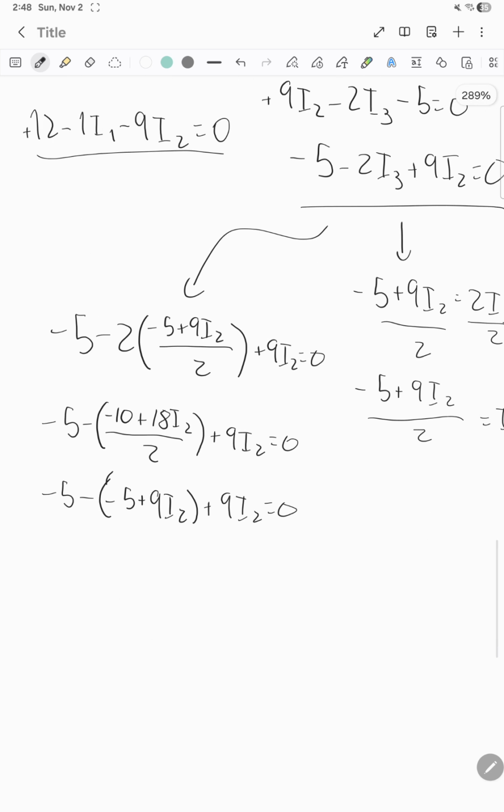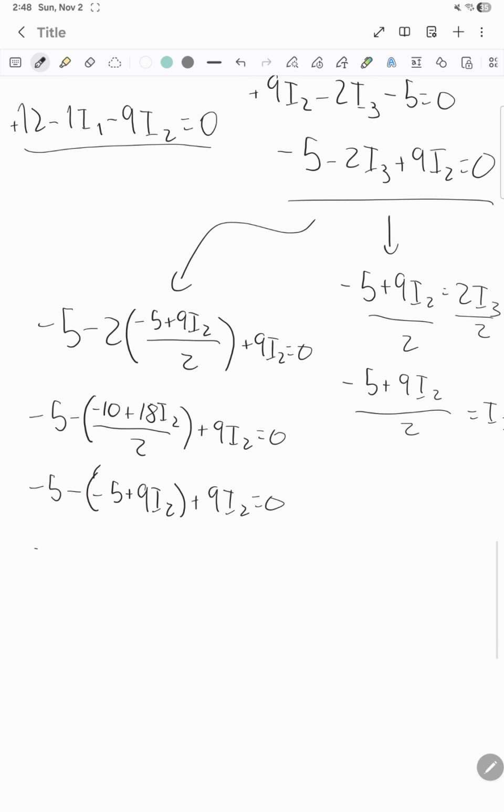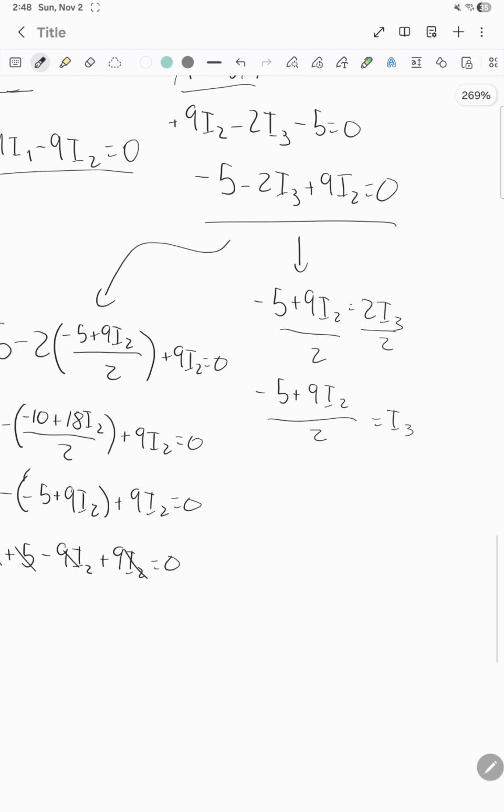And then we'll just distribute the minus now. So we'll have plus 5 minus 9 I2 plus 9 I2 is equal to 0. So this will just cancel out, and these cancel out, so it gives us 0 as we wanted here.